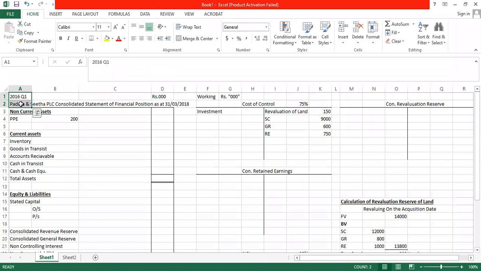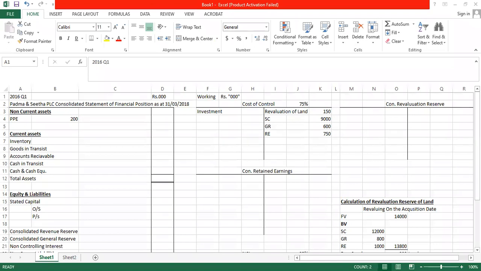That 20% margin or profit they added to the inventory they sold is with Padma PLC's earnings. So the profit is in the profit account of Padma PLC. But we can't identify the profit unless it is sold.